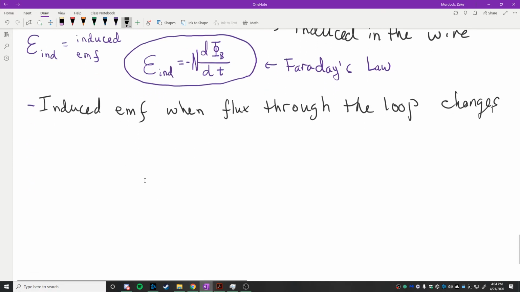So I'm going to talk about ways in which that can happen, right? There are 3 ways in which that can happen. So keep in mind that our expression for flux is this. But in a very simple sense, this can be reduced down to flux being basically equal to BA cos theta, okay?